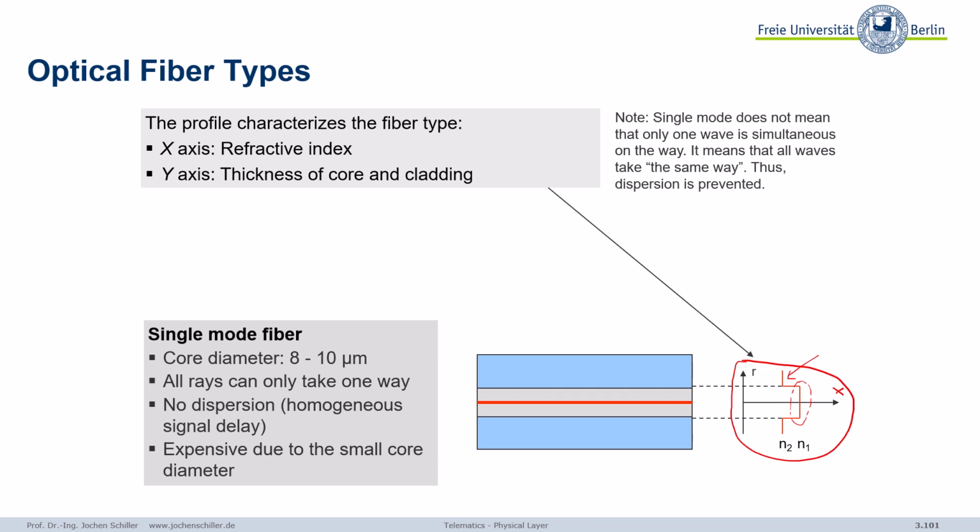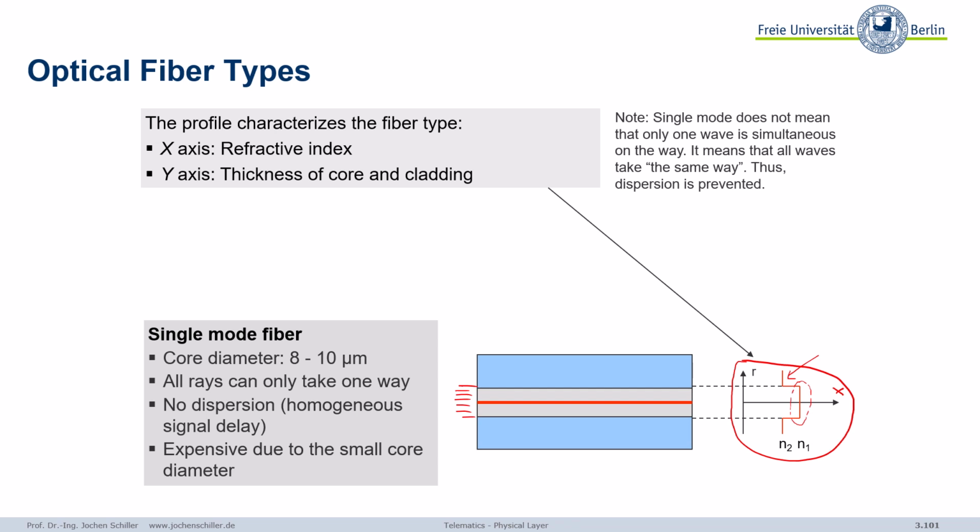So that's the idea, and the most capable, also most expensive type of fiber is called a single mode fiber or monomode fiber. This fiber has a very, very tiny core, 8 to 10 micrometers. And the idea is, if we shine the light onto this fiber, all the rays can only take one single way.